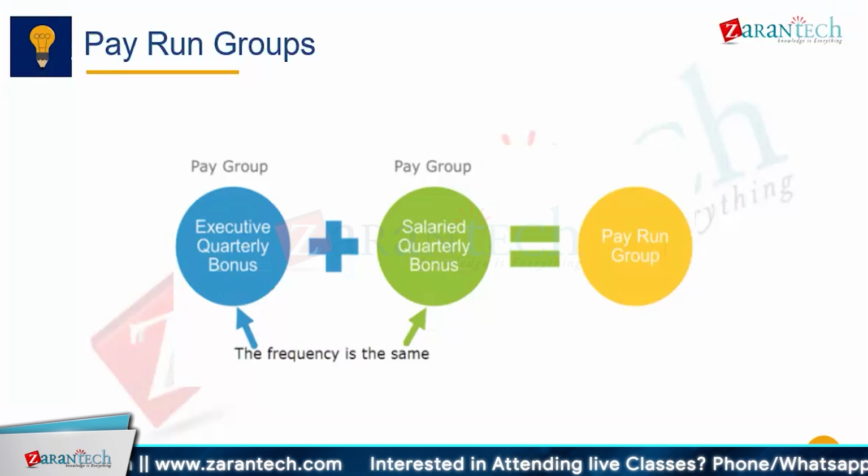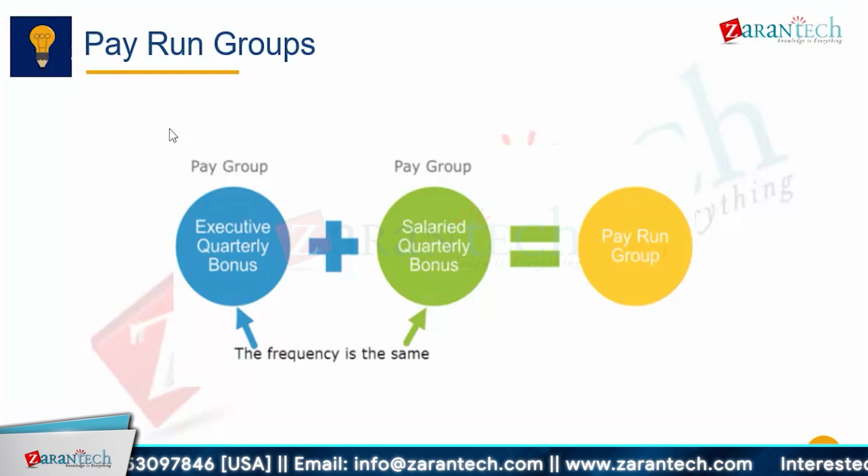Now, as I gave you an example of the client, right, who had broken down even a weekly pay group into 10 different pay groups, because they wanted company ABC to have its own pay group, company XYZ to have its own pay group. So basically, parent group is a concept where you can club similar kind of pay groups into one.